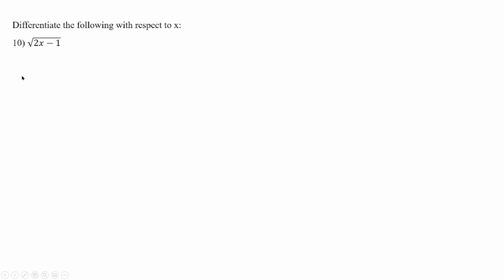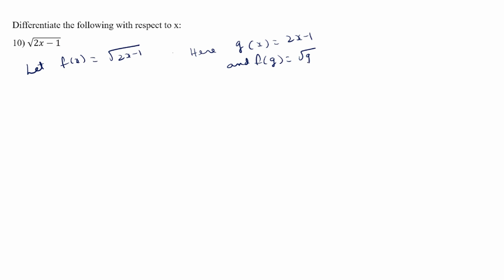Next question, root of 2x minus 1. So let us take f of x is equal to root of 2x minus 1. Here g of x is 2x minus 1 and f of g is root g.